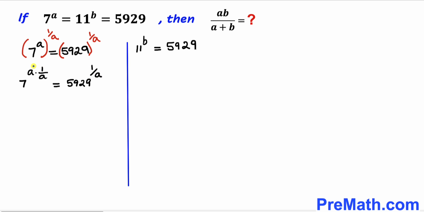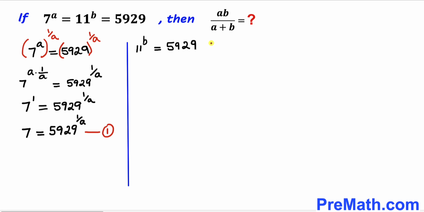And now we can see a times 1 divided by a is going to give us simply 1, and this 7 power 1 is the same as 7. So therefore we got 7 equals 5929 power 1 divided by a. And I'm going to label this one as our equation number 1.